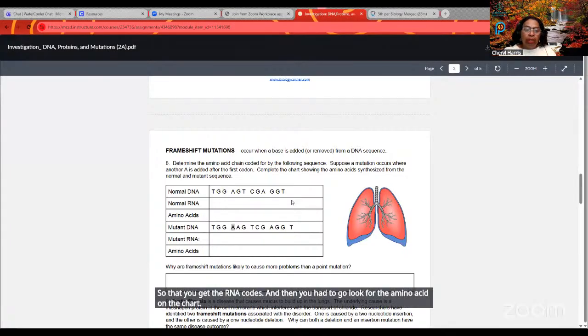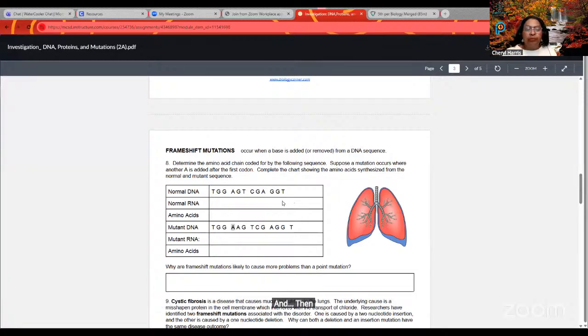And then what we looked at was if this is the DNA, and DNA all of a sudden has an extra A inserted in there. Okay, that means that now we're coding, instead of coding for serine like we were up here, now we're coding for lysine down here. So hopefully you filled all of those in.